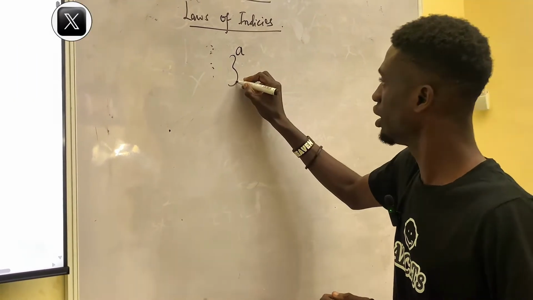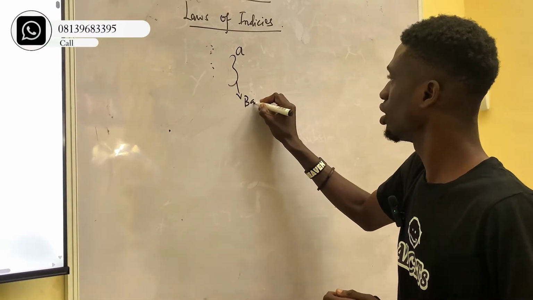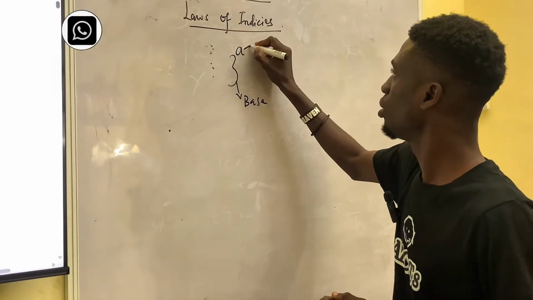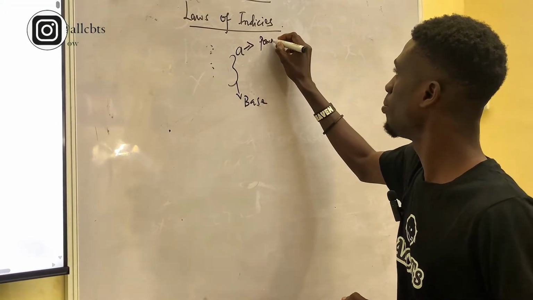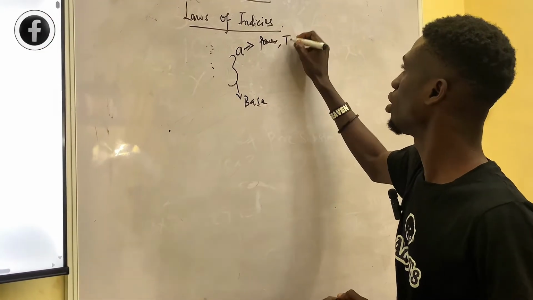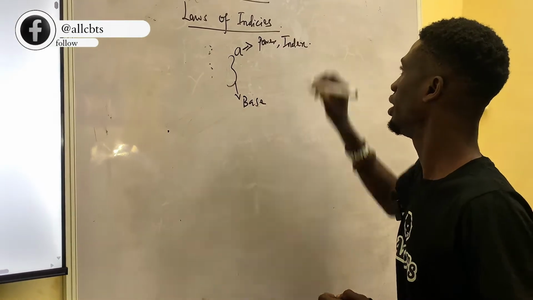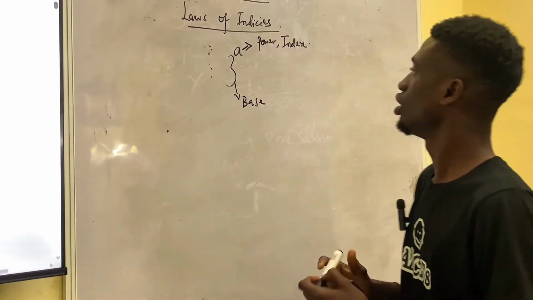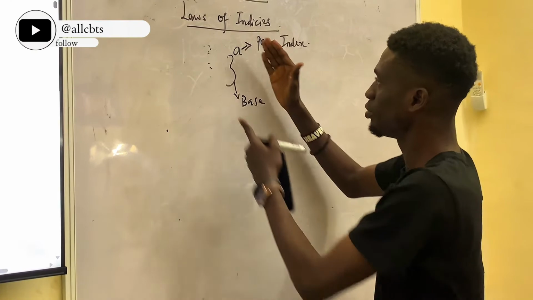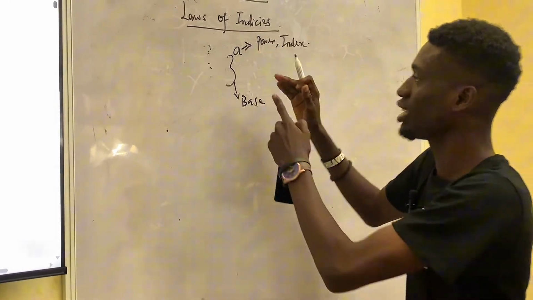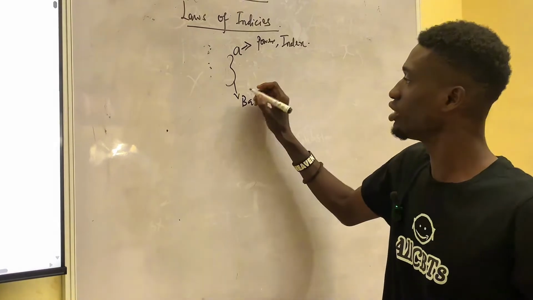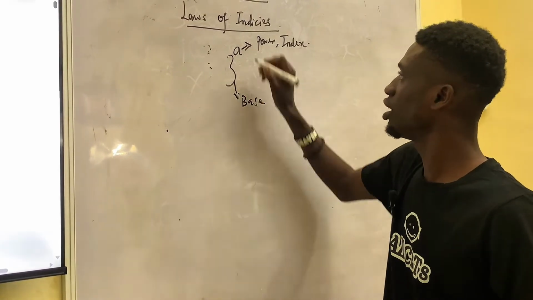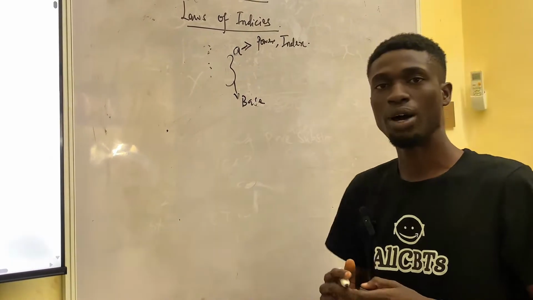This 3 is known as the base, while this a is known as the power. We can also call it the index. So once you have something like this, you should know that typically this question is an indices question because it has a base and a power.